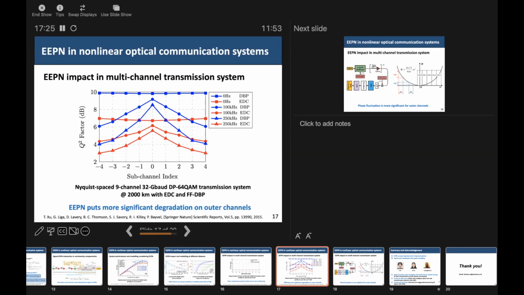That is because previously, generally we believed the central channel gets the most significant impact due to the nonlinearity, because it has neighboring channels, but for outer channels, it only has channels on one side. So it will be less significantly influenced by the fiber nonlinearities compared to the central channel. But for the phase noise, we can see it gives a stronger impact for the side channels.